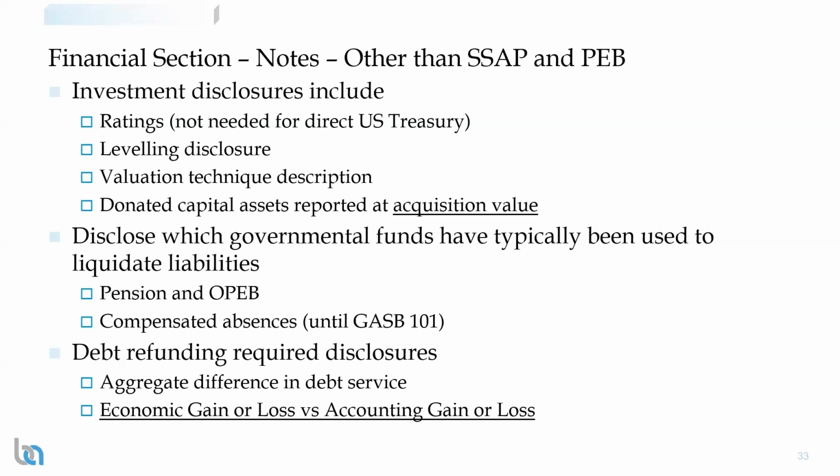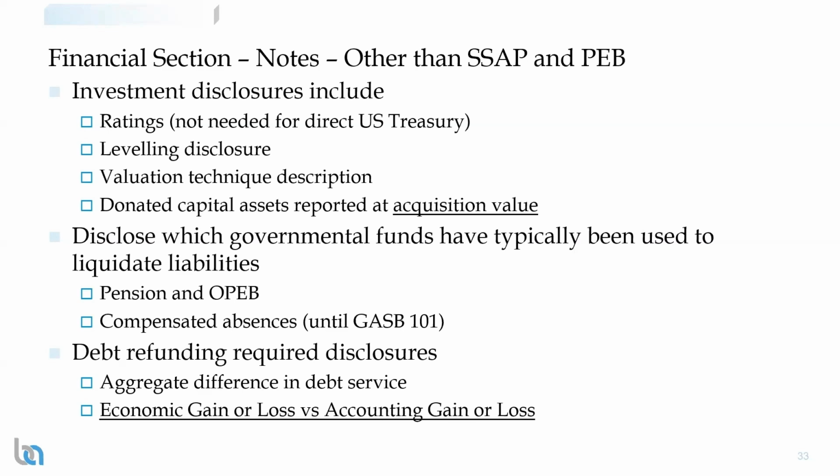Usually this is a number where you have had a consultant do an analysis as to what the net present value savings of the refunding debt are. And that's why you've made the decision to actually refund, because there is savings there. Keep in mind, this is different from the deferred gain or loss, which is an accounting difference.